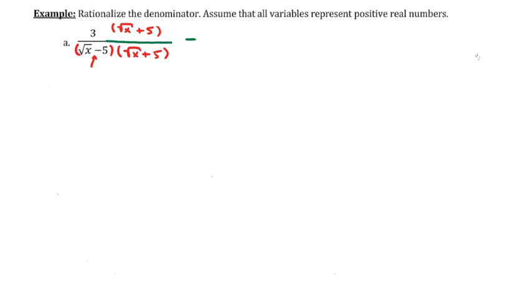All right, so let's carry on with the rest of the algebra here. On top, I'll just write 3 in front of quantity square root of x plus 5. In the denominator, much like we saw in the last video, we're going to have to FOIL. All right, so let's go ahead and do that. First part of our FOIL is radical x times radical x.